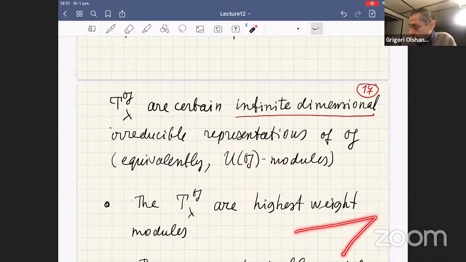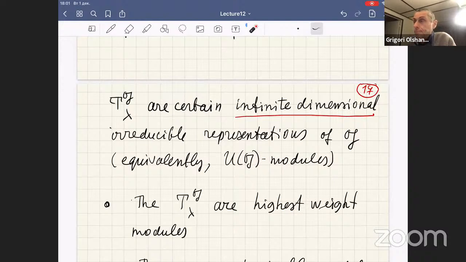So they are of a form that there are highest weight vectors, and all the rest is obtained by applying some lowering operators to the highest weight vector, which is a cyclic vector. One can obtain all the remaining weight vectors of our modules, just as in the case of finite dimensional representations.